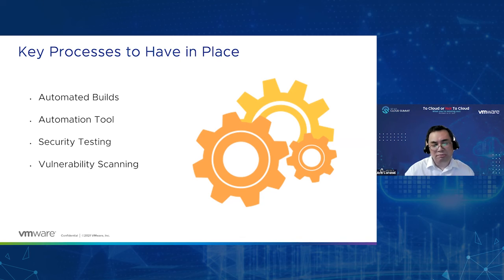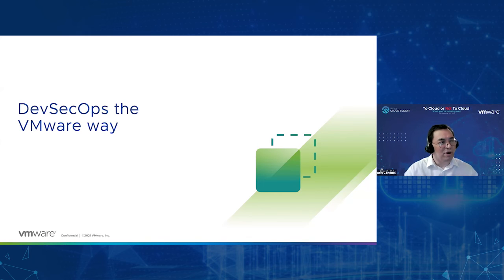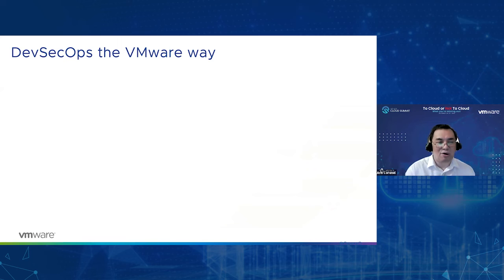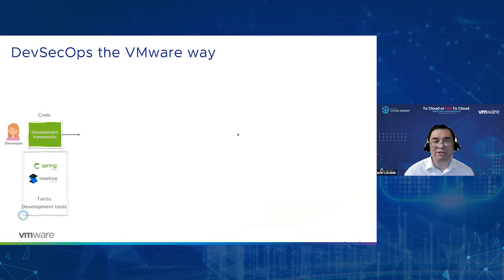Now, this is the way VMware envisions DevSecOps, as I would fondly call it, DevSecOps the VMware way. Now, in the DevSecOps pipeline, there are different steps, and in each one of them, you will have to integrate different security measures. For example, from the code itself, the way you are developing that code, we have tons of development tools that you can use.